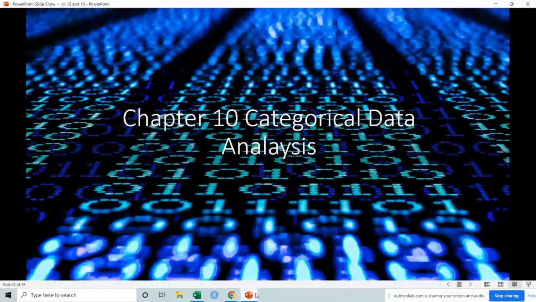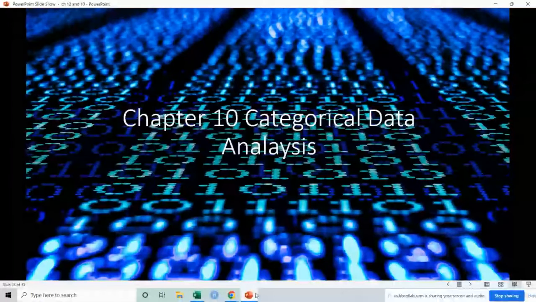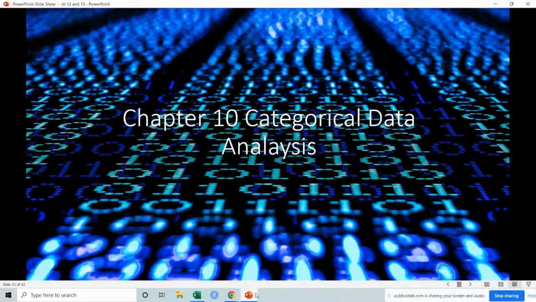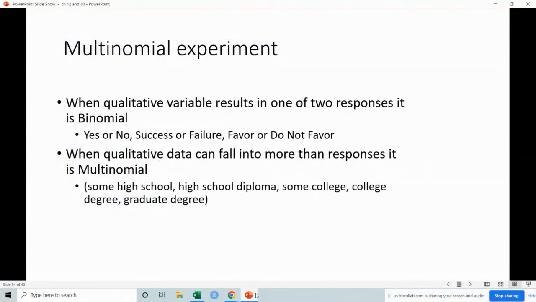Let's see. Okay, so chapter 10, categorical data analysis. I don't have any comics for this particular chapter, but it's still important information to go over. So, multinomial experiment. When a qualitative variable results in one of two responses, it is binomial.